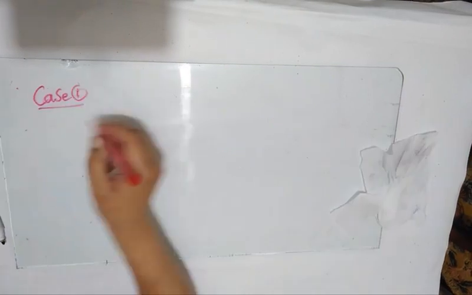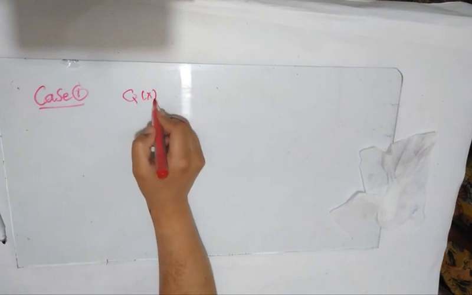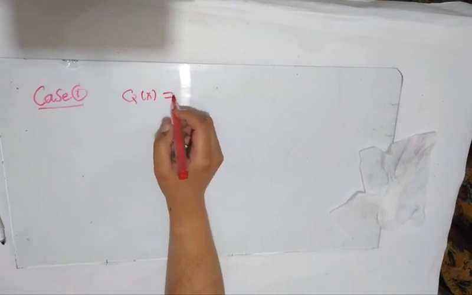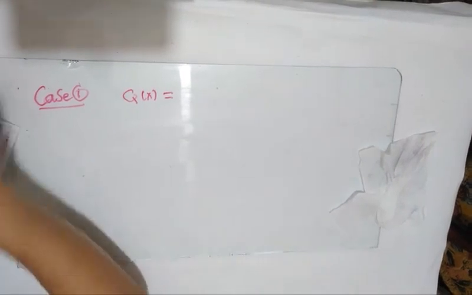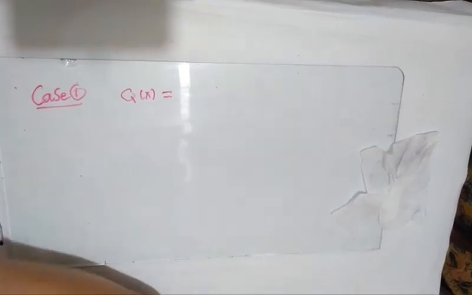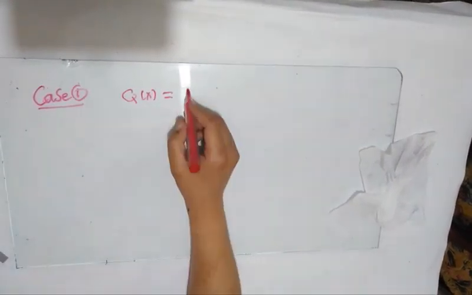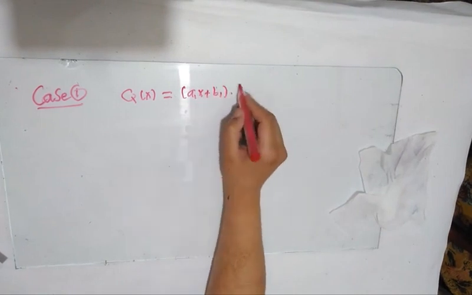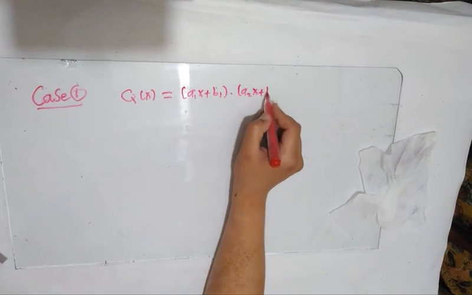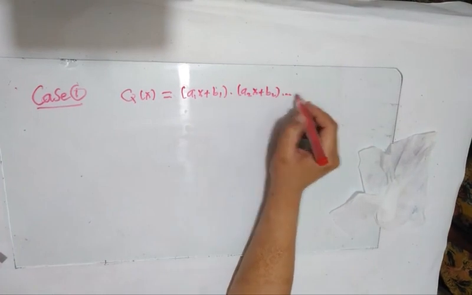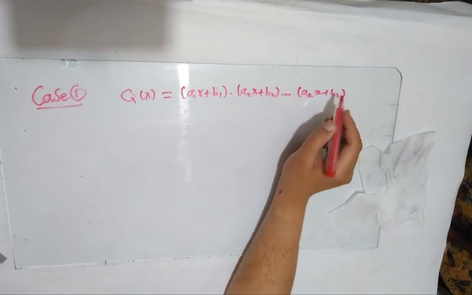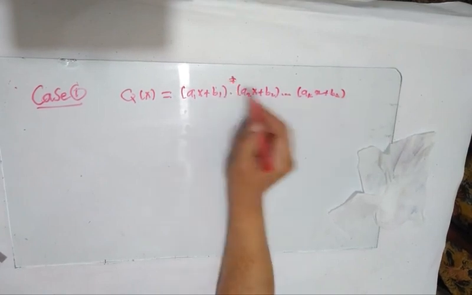Case 1. In this case, q(x) splits completely into linear factors such that all of these linear factors are different. Okay, so q(x) equals (a1x plus p1) times (a2x plus p2) up to (akx plus pk), such that all of those are different.